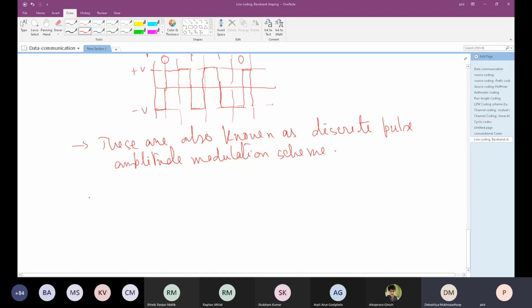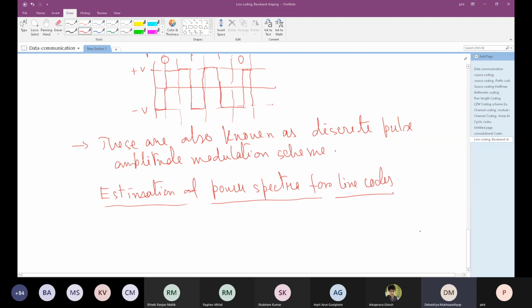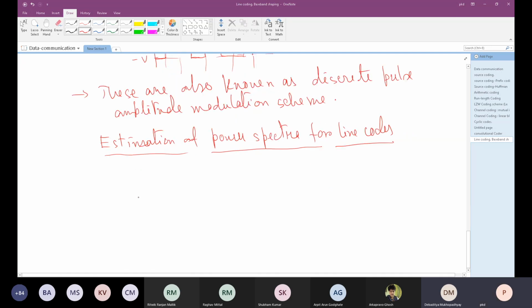Now to estimate the power spectra, there are two aspects, because we have the symbols.